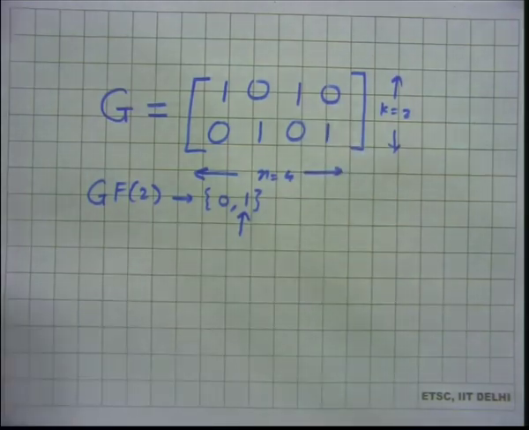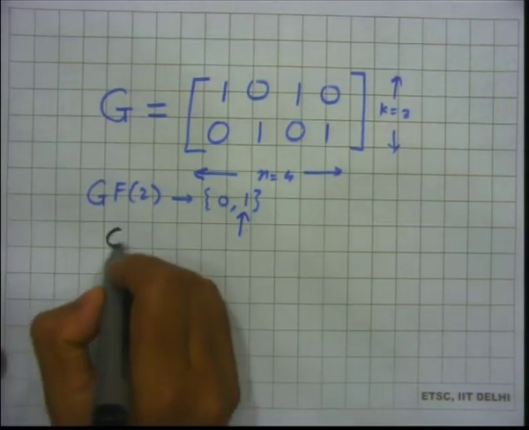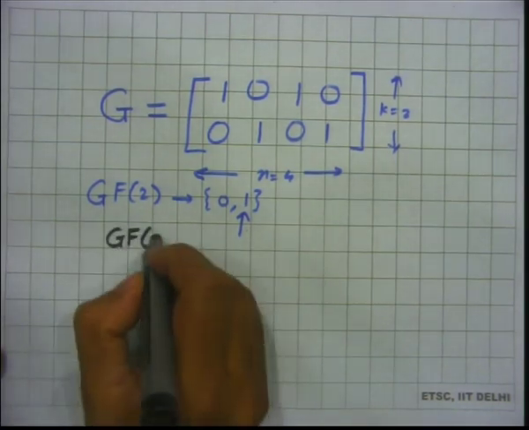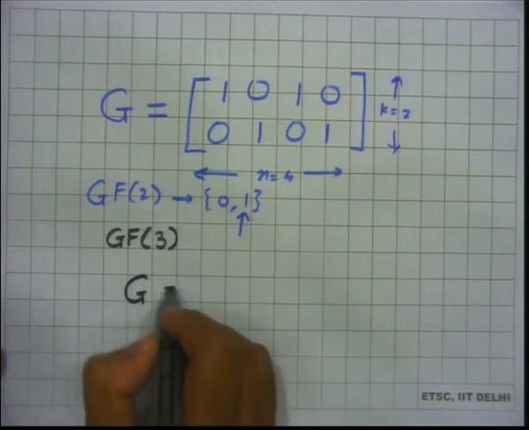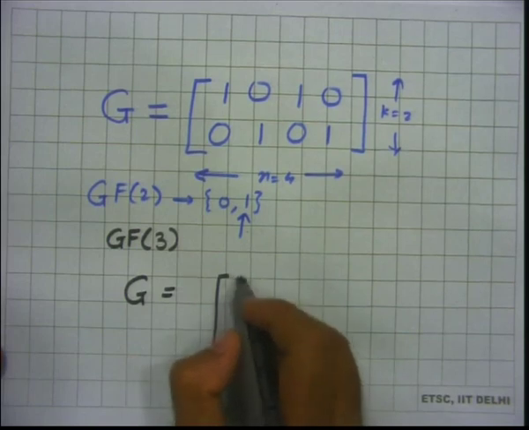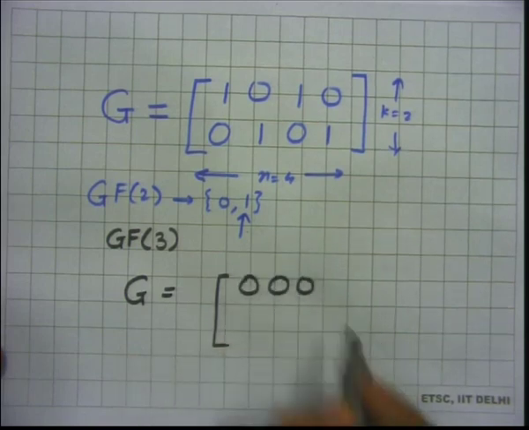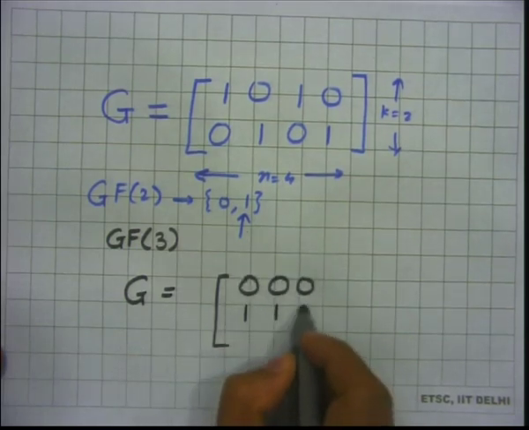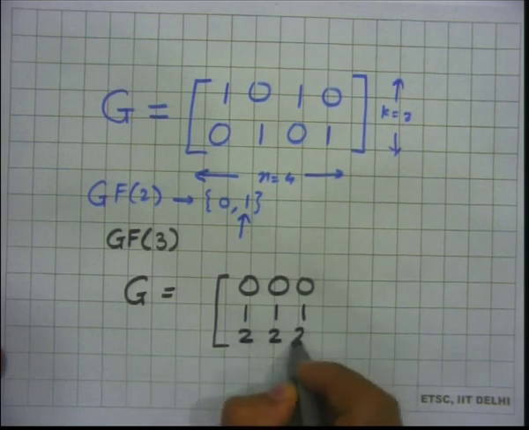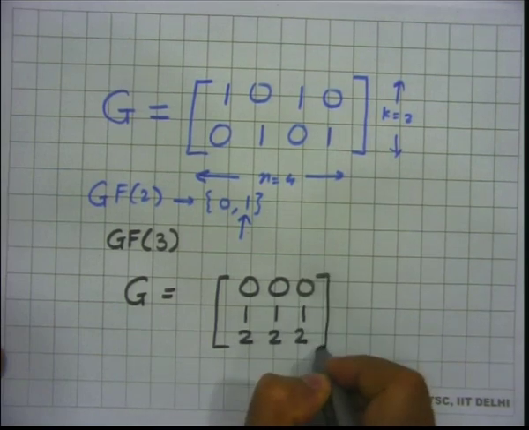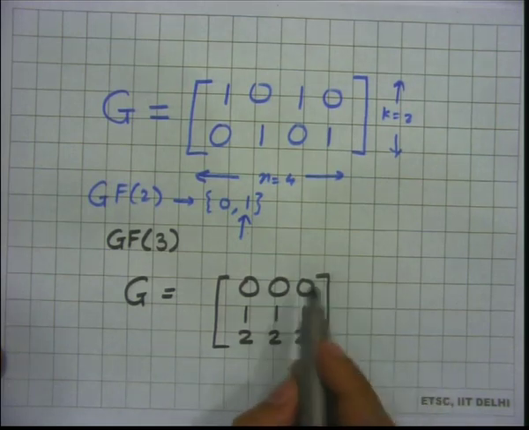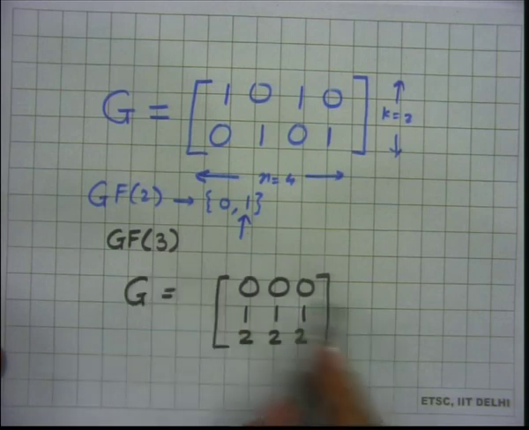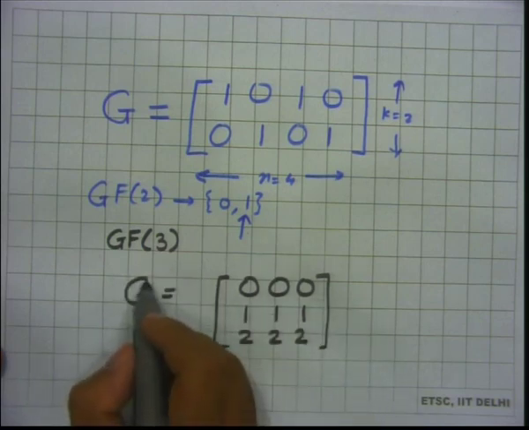But if you want to make this example non-trivial, let us talk about GF(3), and I have got another code which we saw in the last class. Well, in this case, this is not the matrix we are talking about, but this is the code that we talked about.